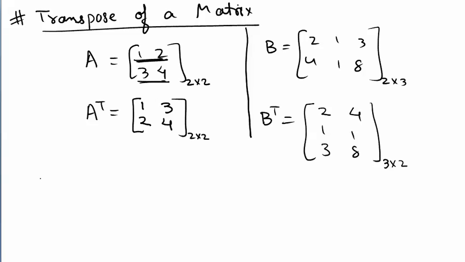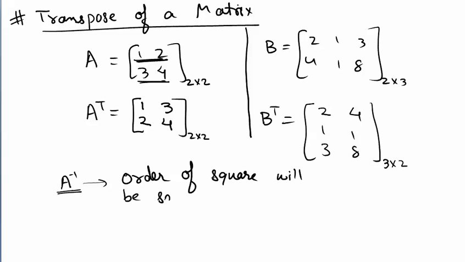Similarly, later on we will study A inverse, that is 1 upon matrix A. For A inverse, the order of a square matrix will be the same as A's order.